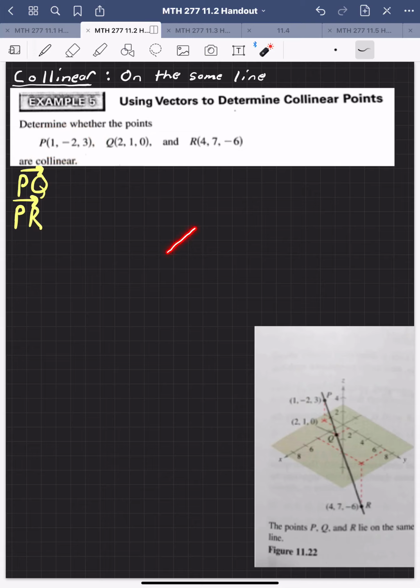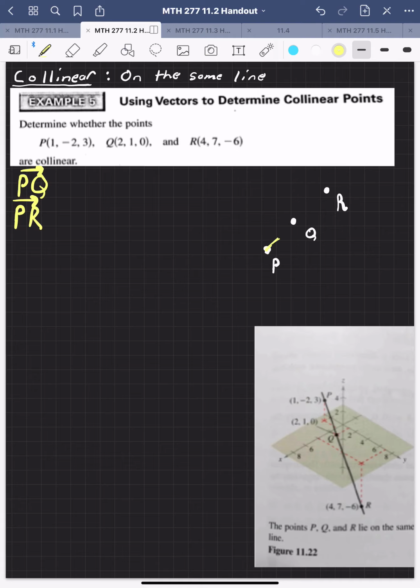Let me see if I can draw it a little bit better. So, if this is point P, and this is point Q, and this is point R. I know we're in space, but see if you can wrap your head around what I'm trying to think of.